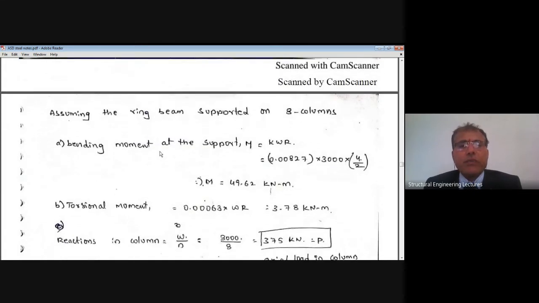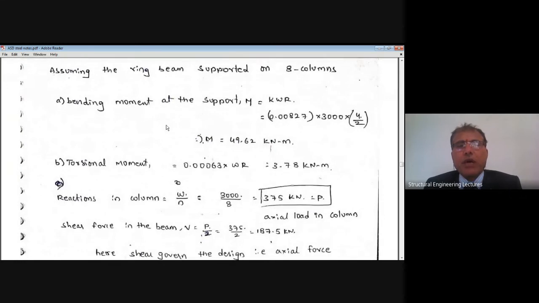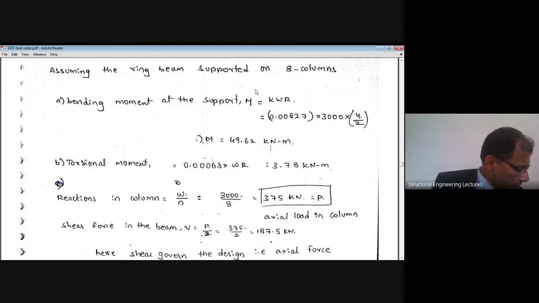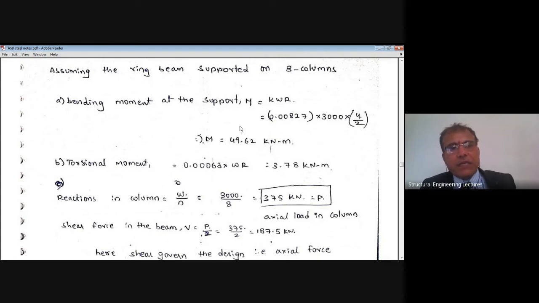Now, assuming the ring beam is supported on eight number of columns, I'll take from IS 4995 the coefficients for the bending moments at the support as well as the torsional coefficients. The coefficient for the negative bending moment or support bending moment is 0.00827, that is K negative, right?